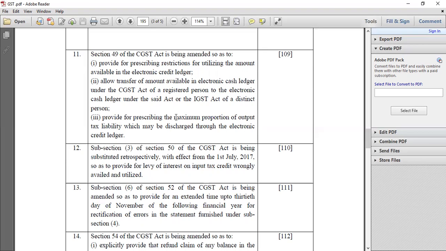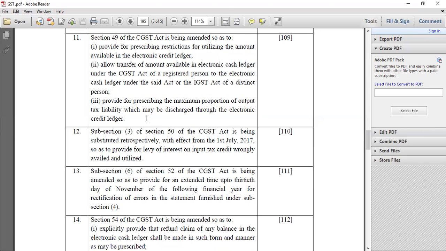This may be discharged through the electronic credit ledger. So now it is 99%. The government may decide 98%, 97%. We don't know. We'll wait and see what change will be introduced by the government.